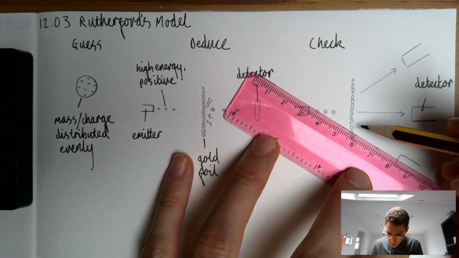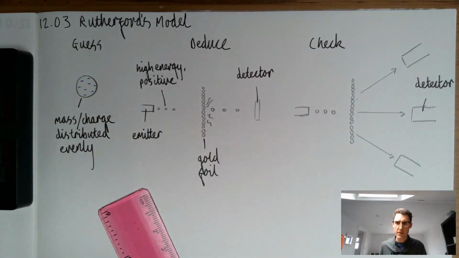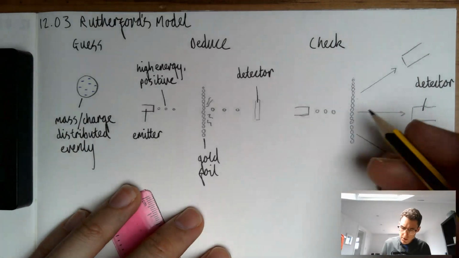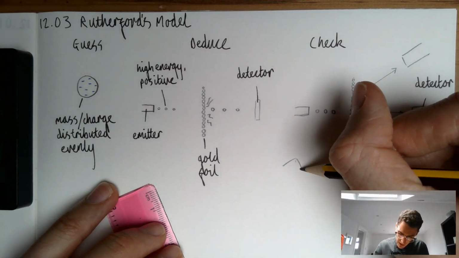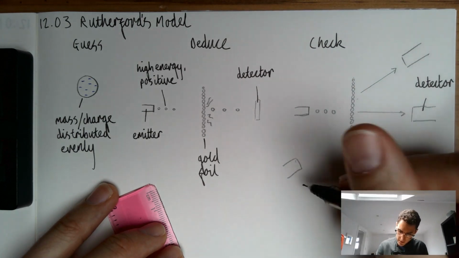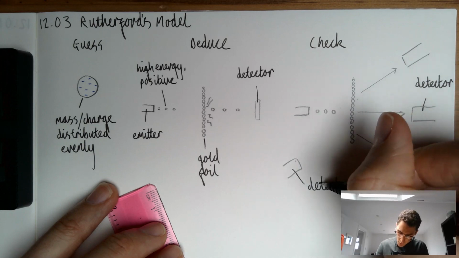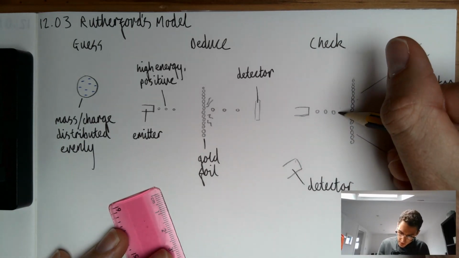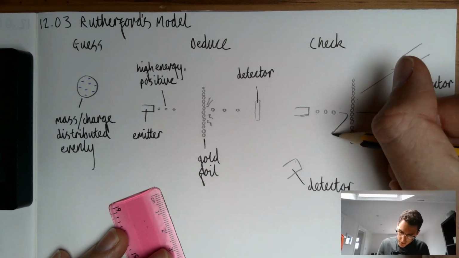Only a small number, not loads and loads, but a small number seemed to go through like that. They were deflected. And some of them even seemed to bounce back, because when Geiger and Marsden put detectors here, let's put detector again just so students know what we're talking about, what they found was some of them seemed to go into this gold foil and then bounce off and end up here like this.